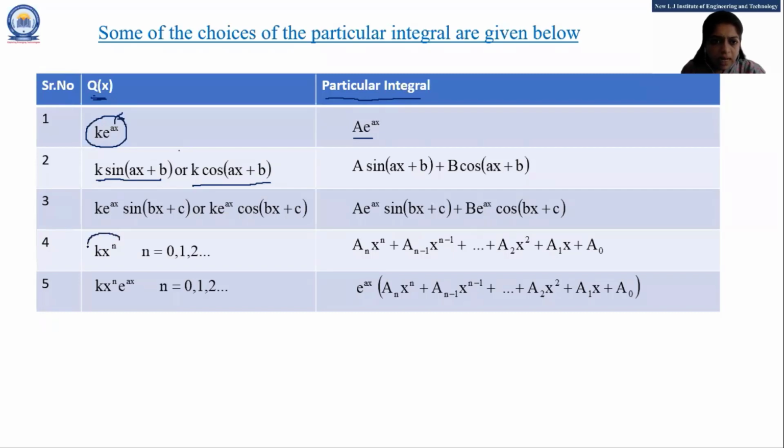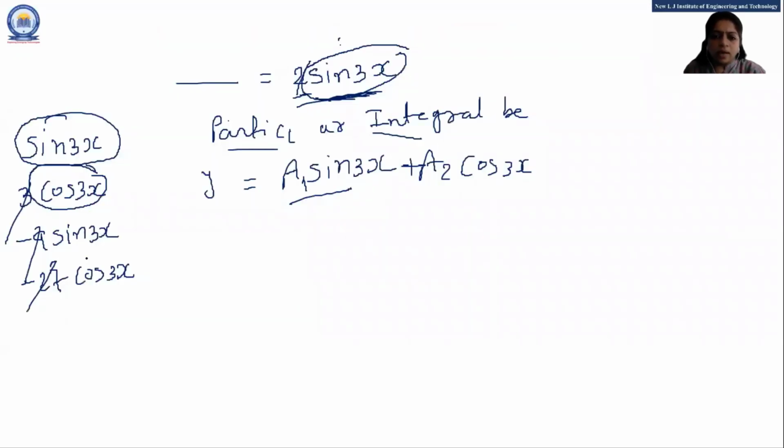Now the next case: when our right hand side is k x raised to n. x raised to n means it is a polynomial form in x. Suppose your right hand side is 4x square. We have to put the family of x square with the help of its derivative and itself.